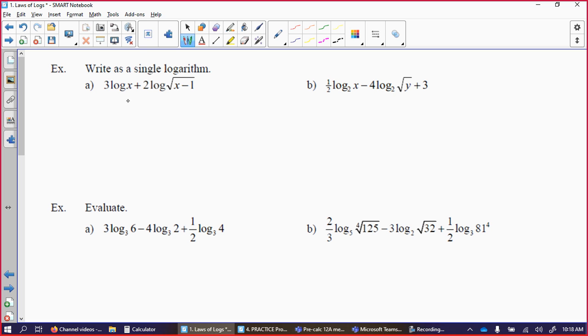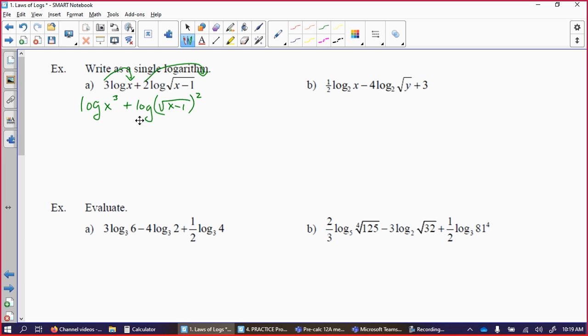Write as a single logarithm. Same idea. I've got to move those up using the power rule first. Log of x cubed plus log of the square root of x minus 1, squared.